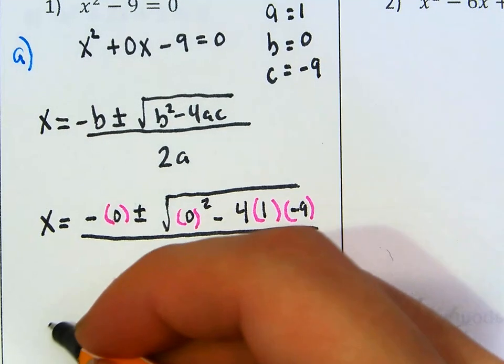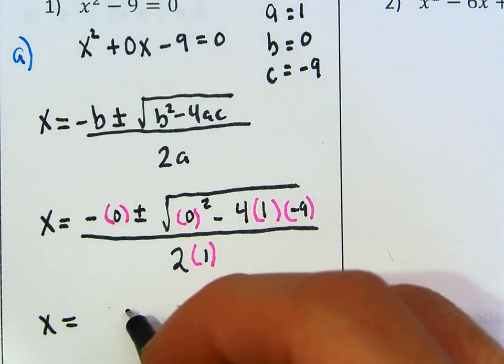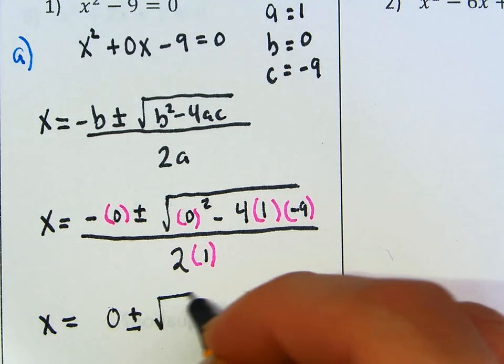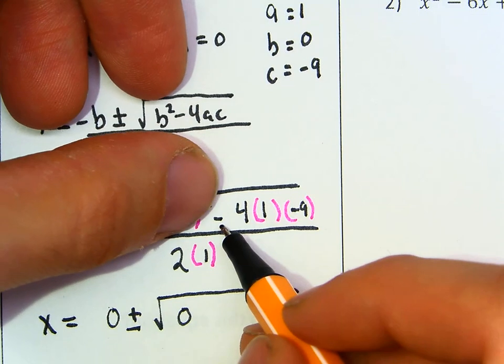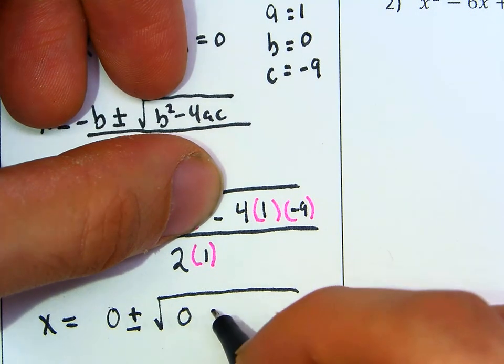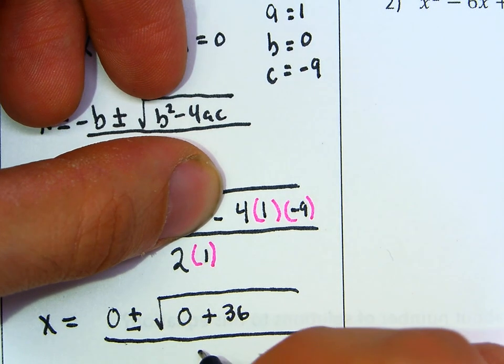Now what's the next step? x equals, notice this is negative 0, so this is just 0. So we have just 0 plus or minus the square root of 0 squared. Now let's look at this. Negative 4 times 1 is negative 4. Negative 4 times negative 9 is positive 36, over 2.